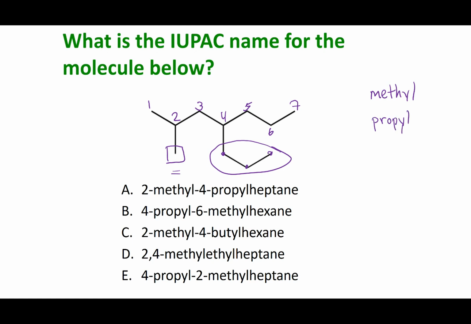So remember, my parent molecule was made out of 7 carbons, so that means it's going to be heptane. We already figured out our numbering scheme, and so the methyl appears on the 2 position, and the propyl appears on the 4th position. So now I can string all of these together.